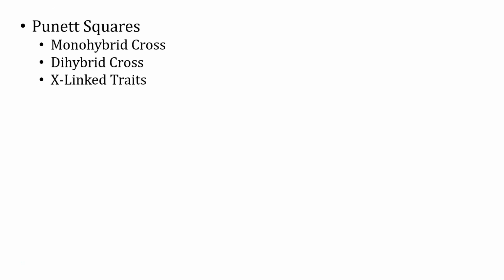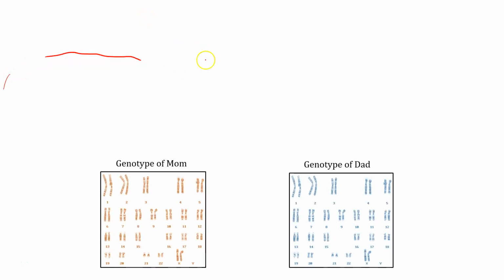The first, the monohybrid cross, okay, we'll think about it again. Let's say we'll do some sort of trait here. And let's say the trait is the widow's peak. Okay, so the trait is the hairline, like we mentioned earlier.